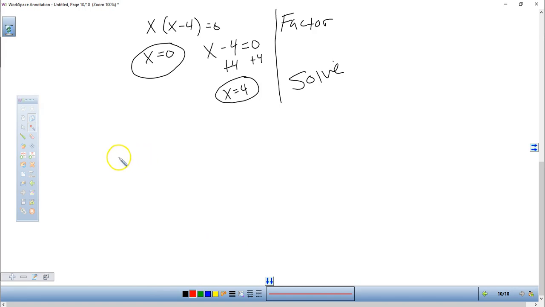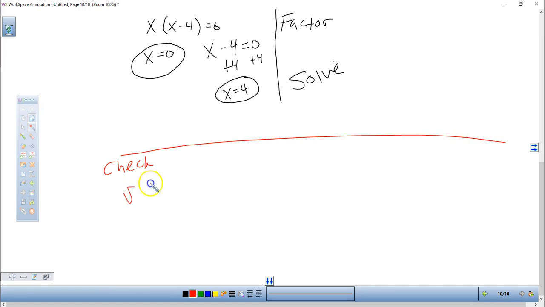So this is our check. It's square root of 2 times 0 plus 1 minus square root of 0 equals 1. So that's the first check.